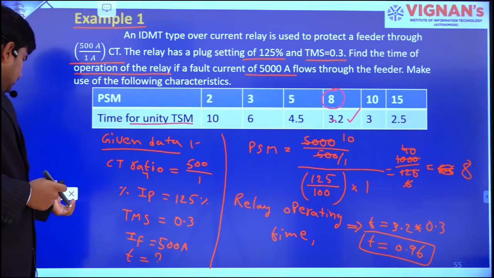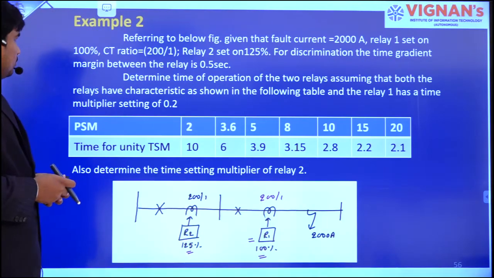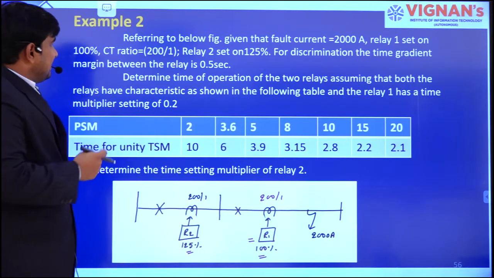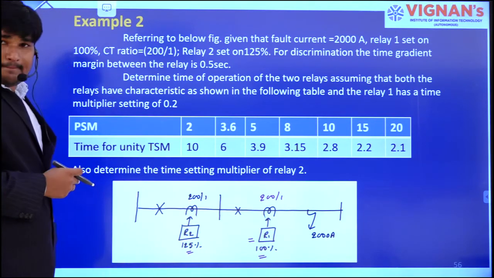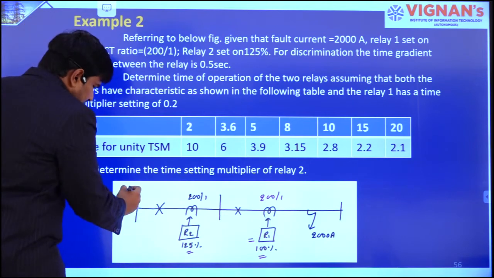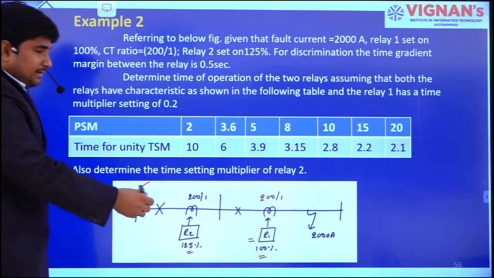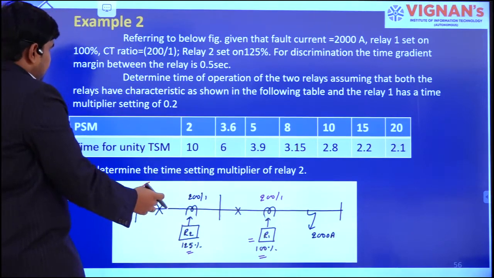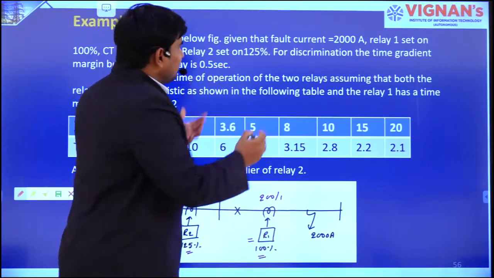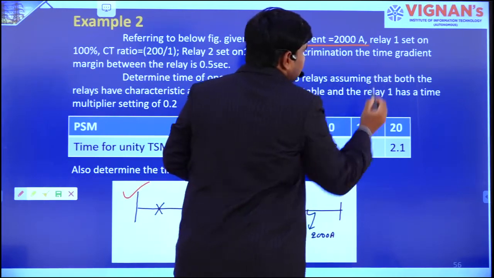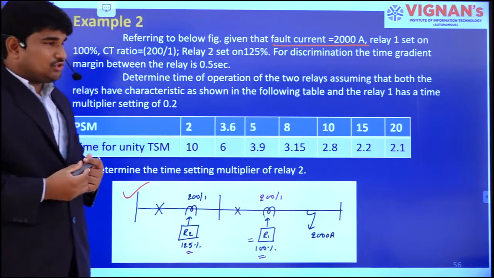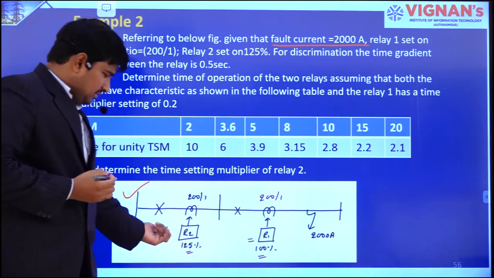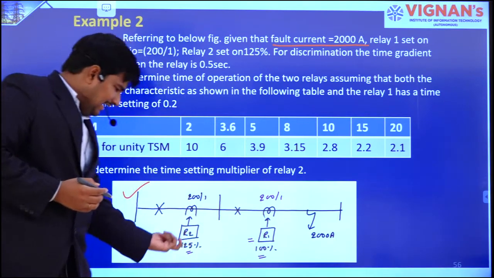Let us come to example number 2. It is referring to the below figure. That means this is the given power system network. For this power system network, the fault current is given as 2000 amperes, and we have relay 1 and relay 2.